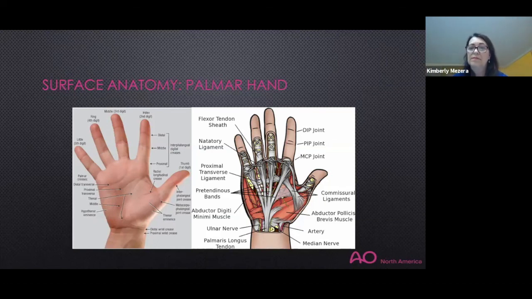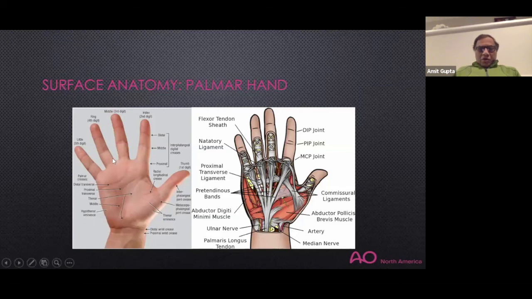Okay. If you do open carpal tunnel, I stay on the radial border of the fourth finger, which is the radial border of the ring finger. You draw your Kaplan's line. I take that as the distal part of the TCL or flexor retinaculum. If you go on the radial border of the fourth and draw your line all the way to the distal wrist crease, that is my line of incision.